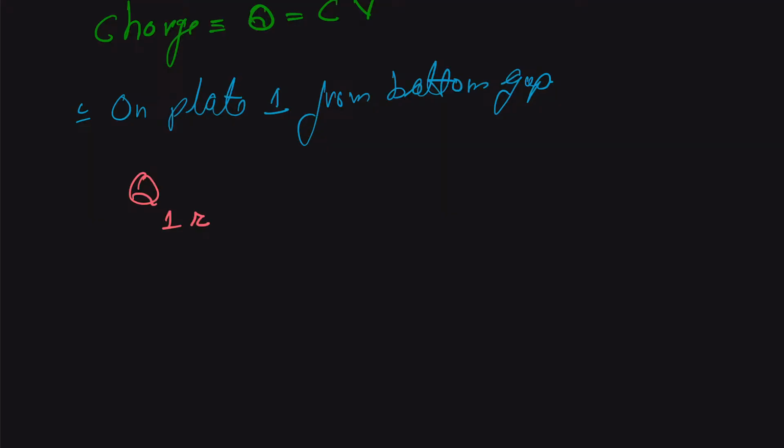And this we are solving for our part A, so we are going to put A here. This will be equal to our capacitance between plate 1 and bottom multiplied by the potential on it. And we already know all these values, so this we get as epsilon naught A upon R multiplied by phi 1.